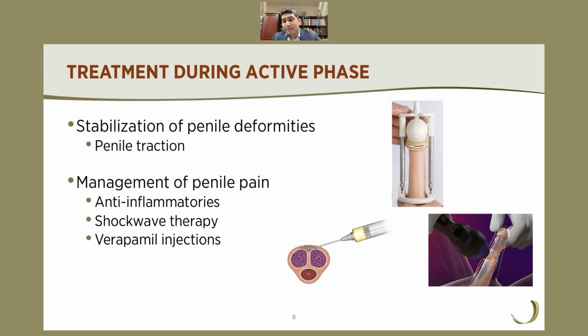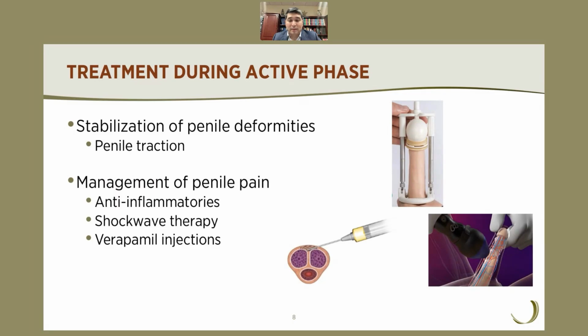So during the active phase, our goals of treatment really revolve around two things. First is the stabilization of penile deformities. As you recall from the earlier slide, about 50% of the time curvature worsens.